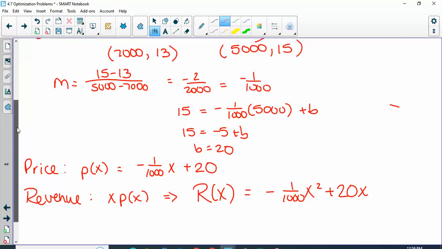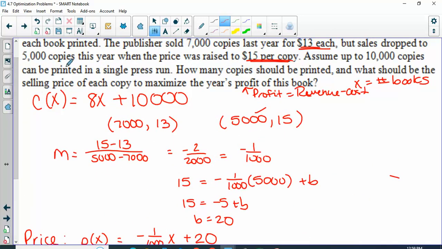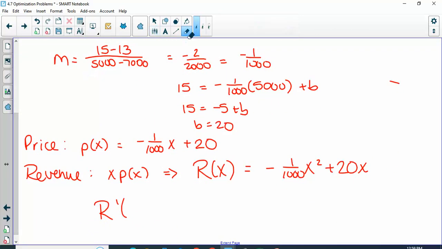So now we are asking for the maximum revenue. So how would I maximize this? Derivative. Oh wait, I didn't ask for maximum revenue on this one, did I? I asked for maximum profit. Sorry. We need profit first before we do our derivative.